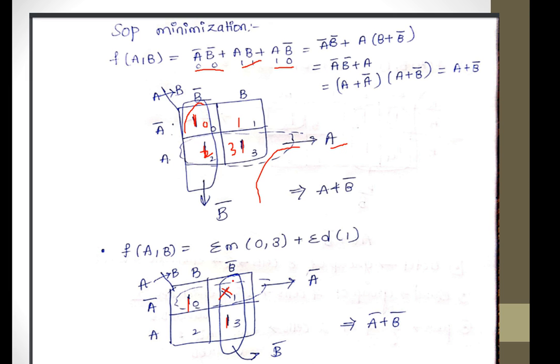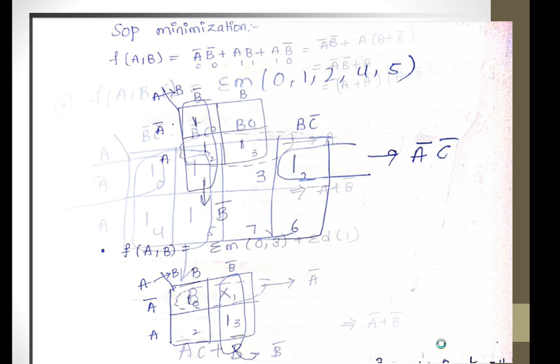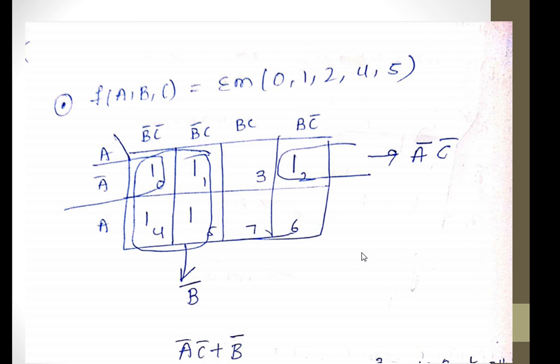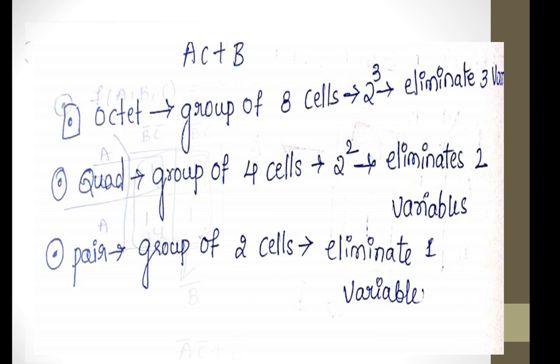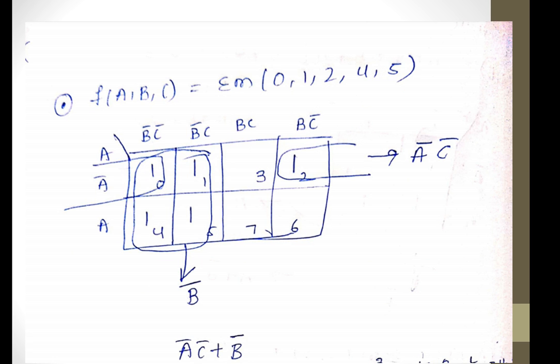These two form a pair and the value is B bar, and these two form a pair and the value is A bar. So the output expression is A bar plus B bar. Similarly, in this PPT I am giving some problems related to 3 variable K-map and 4 variable K-map. Just have a look. In the coming lectures we are going to solve those.